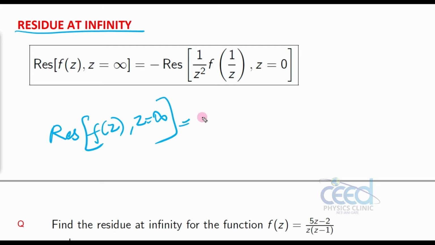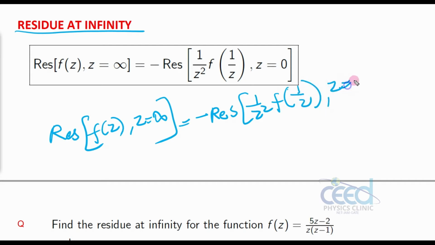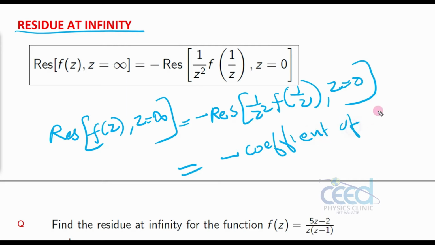Either you can use minus residue of 1 by z square f of 1 by z at z is equal to 0, or you may use minus the negative coefficient of 1 by z in a series expression.